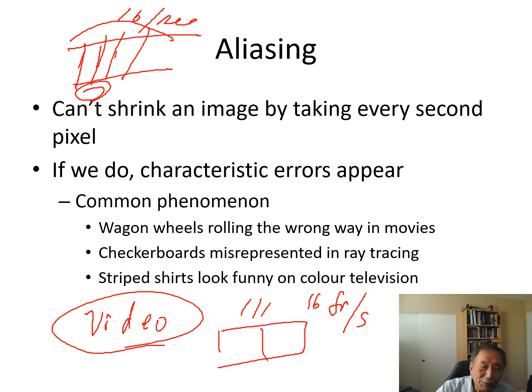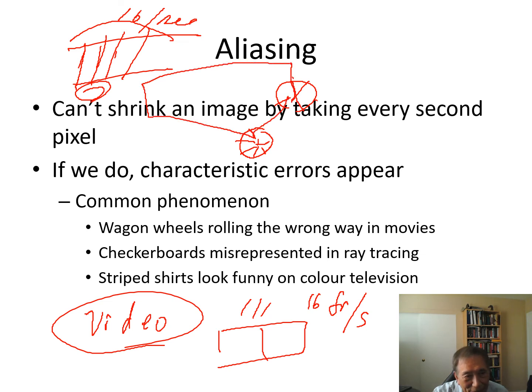Then this will give you pretty much smooth movement. But one problem is that whenever you look at the old Western movies, they have this cart, this big wagon coming.